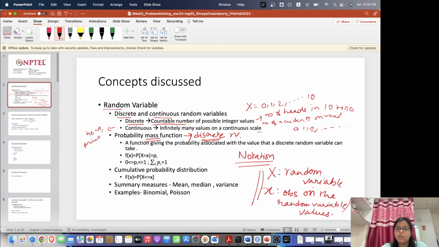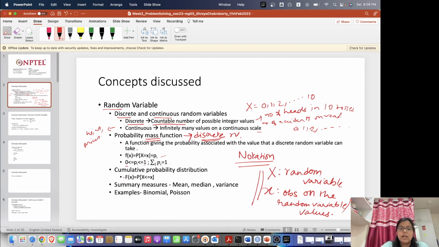This will be followed uniformly throughout. So a probability mass function is nothing but the probability that the random variable capital X takes on a value small x, denoted by pi over here. There are a few properties of pi. Probability should range between 0 and 1, and the sum of all probabilities should be 1.